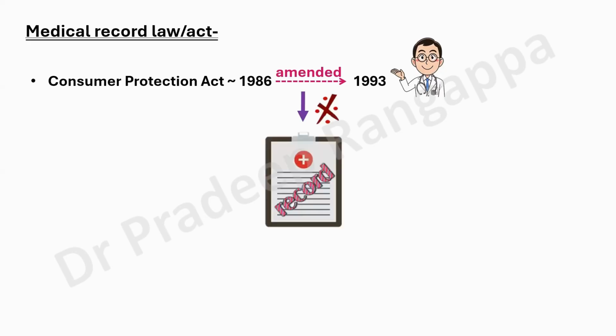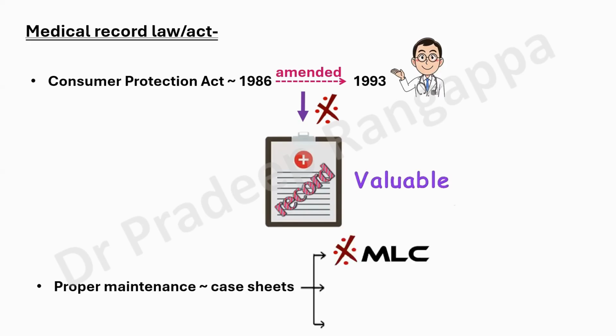And the Consumer Protection Act really emphasizes the importance of the record, and it also suggests that the record is most valuable, and proper maintenance of case sheets is terribly important, especially when you're dealing with a medico-legal case.